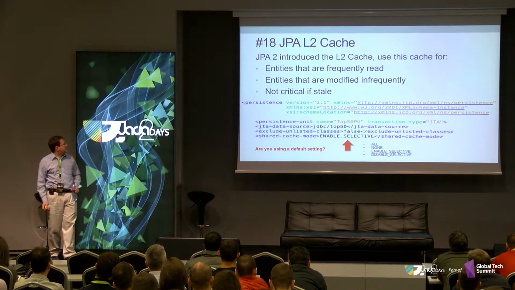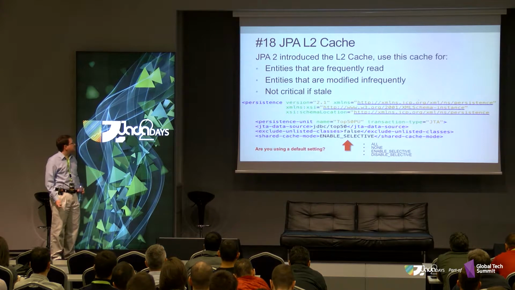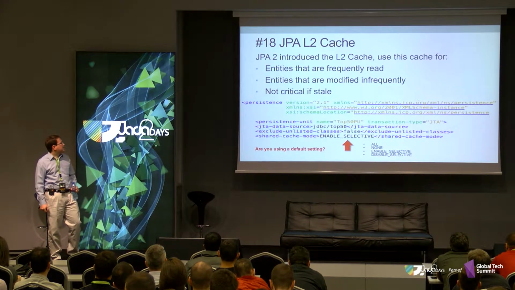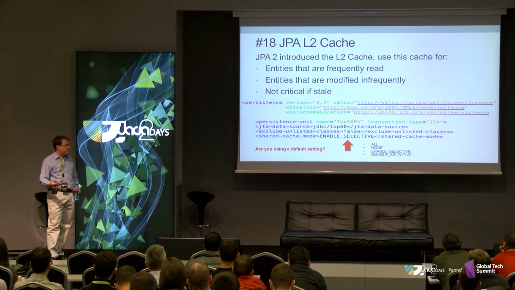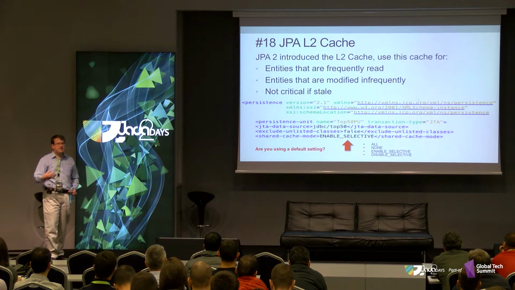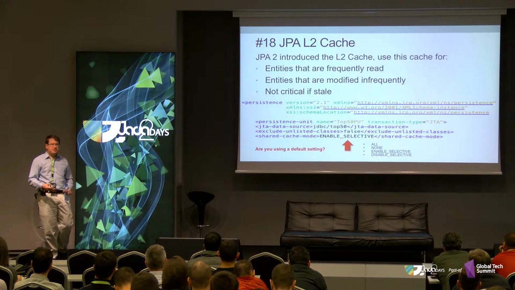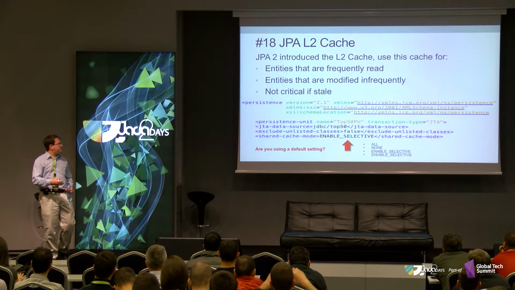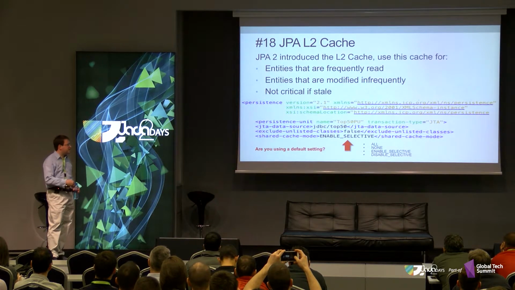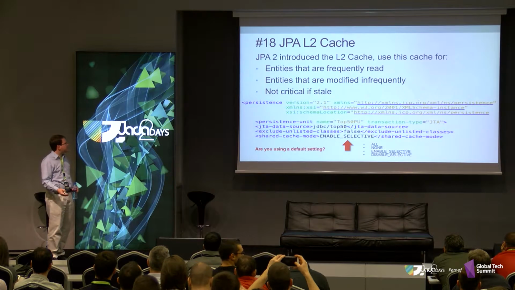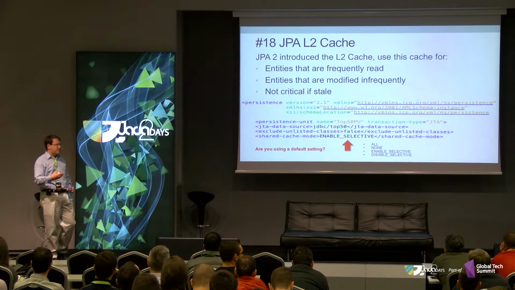The next one that many developers are not familiar with is that JPA2 introduced caching. So with caching, JPA will actually cache the object behind the scenes for you. So if you've ever updated the database and then done an update but then didn't see the entity with the updated value, that's because JPA is doing caching behind the scenes.